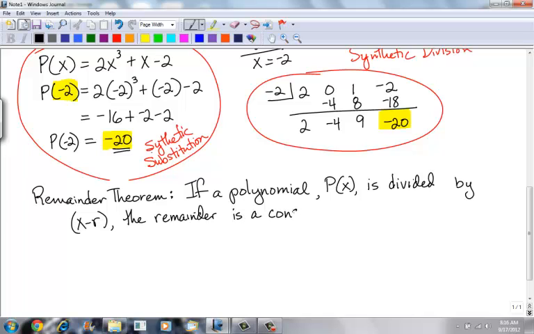That's like our negative 20 up here. That's a constant, p of r, because we substituted in like negative 2. In this case, our r would be negative 2.